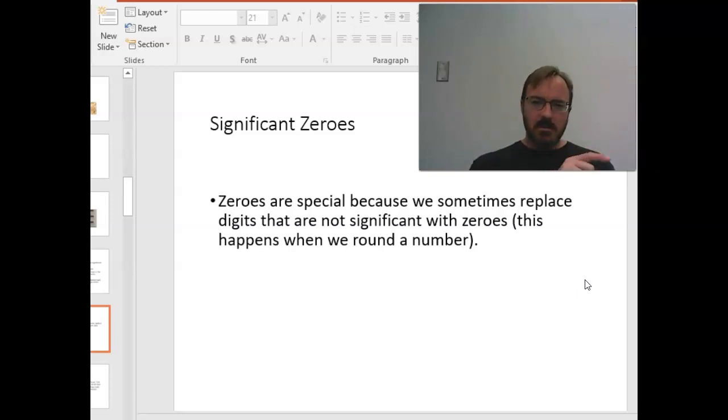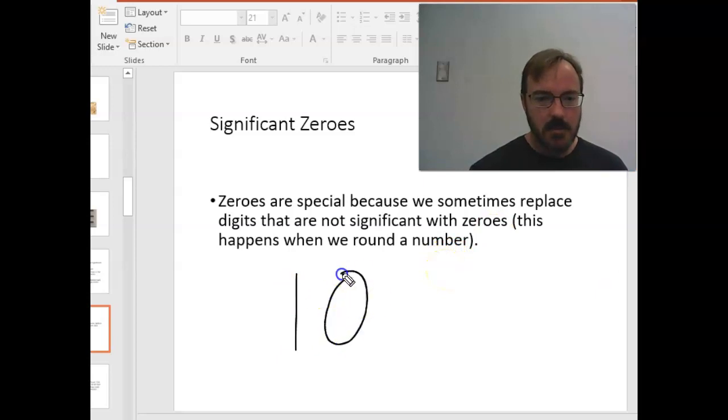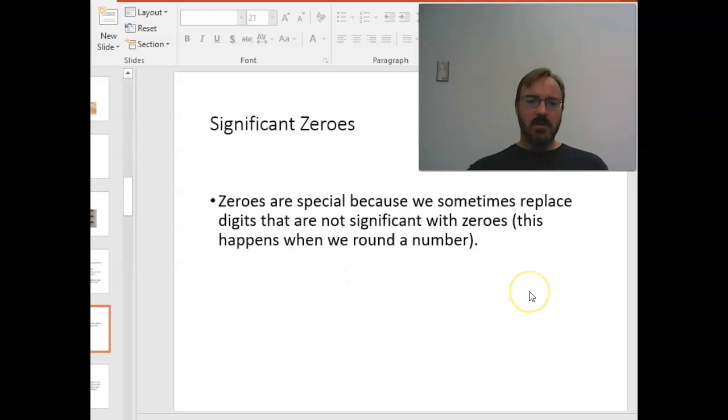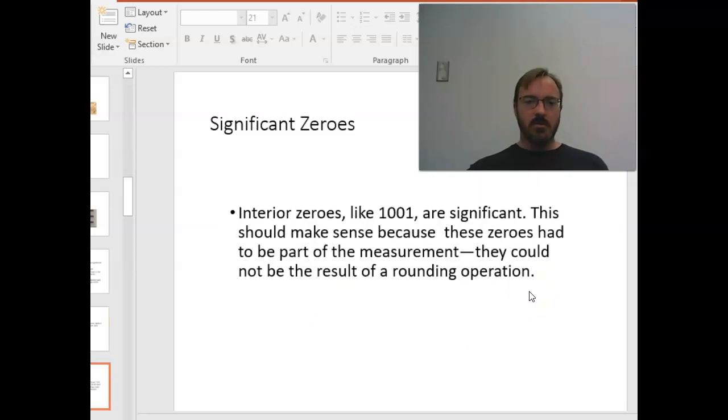Are those zeros significant? If I wrote it down, it would be like this. Are these zeros significant in that number? In this case, no. I've sort of rounded this off. It was a guesstimate to begin with.